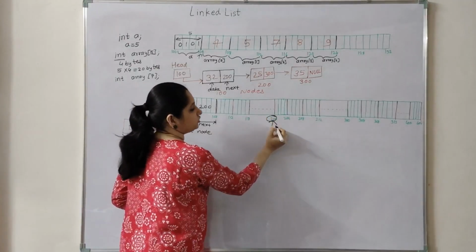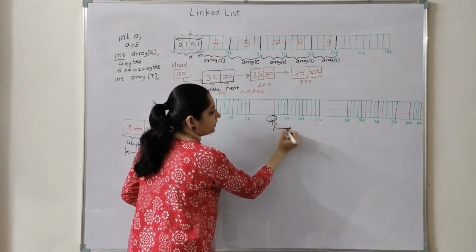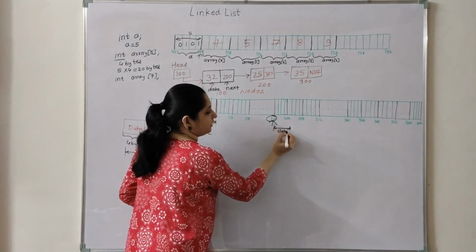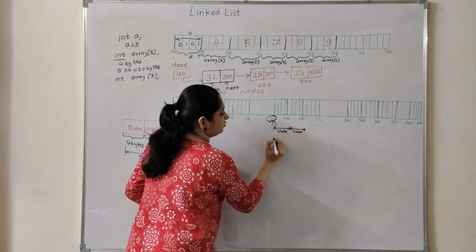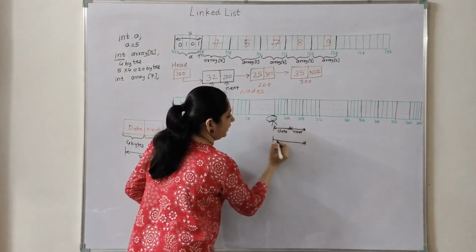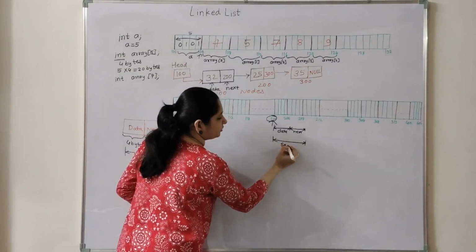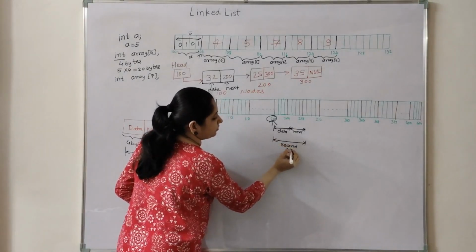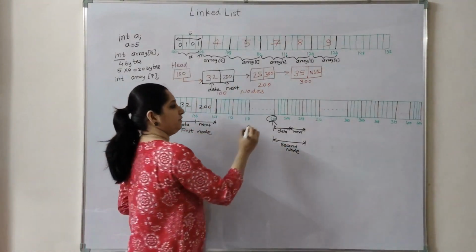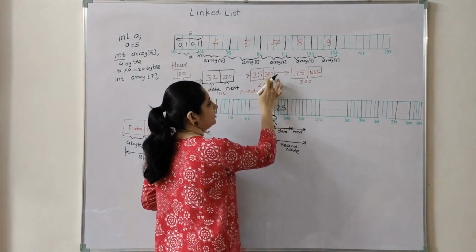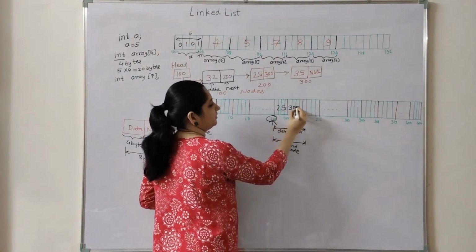So this is our second node, which will store 4 bytes of data, and 4 bytes will be reserved for the next pointer. So 8 bytes of data will be reserved for this second node. The value for the second node is 25, and the address we store is 300.